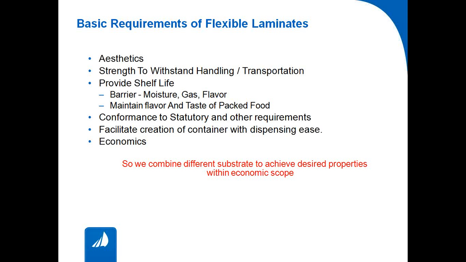And finally, the most important is economics. So what we do is take different substrates or different materials to achieve the desired properties within the economic scope, so that each of these materials provides certain properties to the packaging material and it conforms to the intended use or the need.